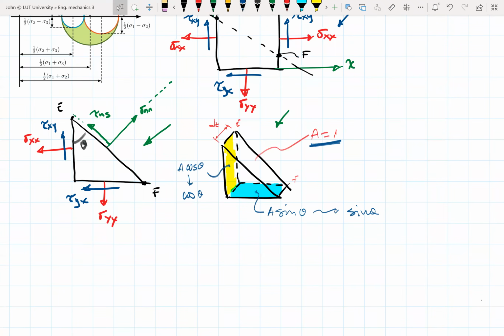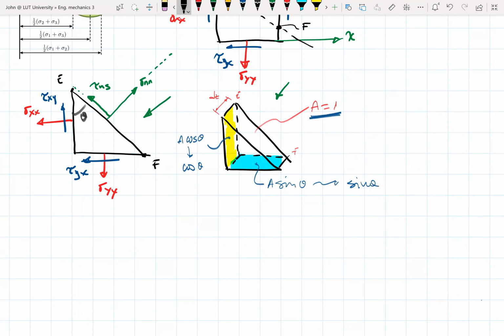Now, okay, I would like to write down again how this looks from a Cartesian coordinate point of view. That is, I will write down my Cartesian coordinate system here, and I will represent all my stresses in this Cartesian coordinate system.